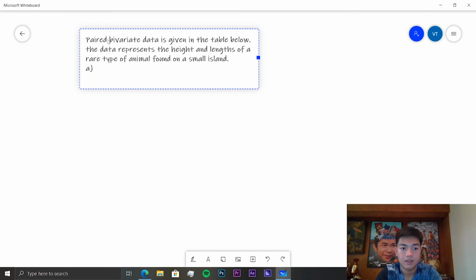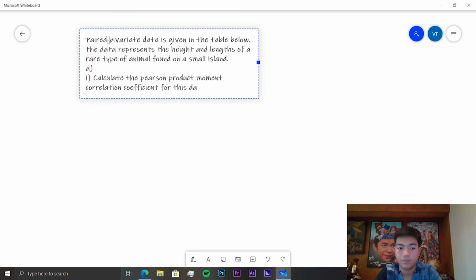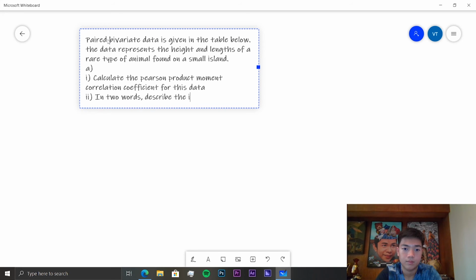First, calculate the Pearson product moment correlation coefficient for this data. Second, in 2 words, describe the linear correlation that is exhibited.